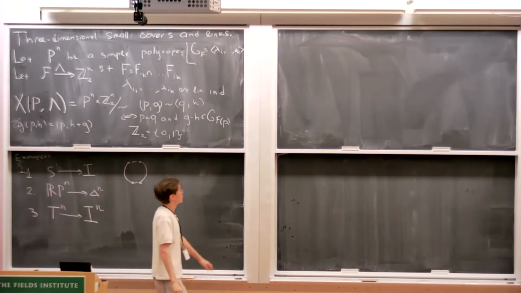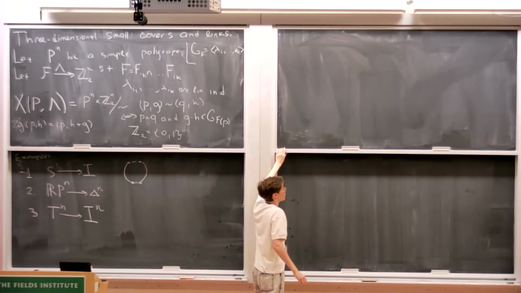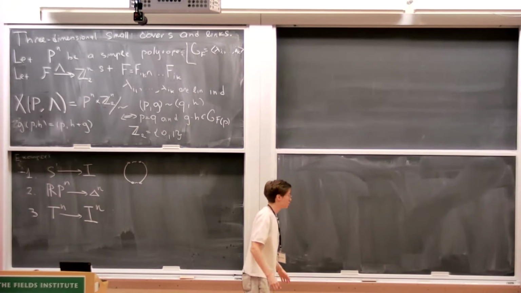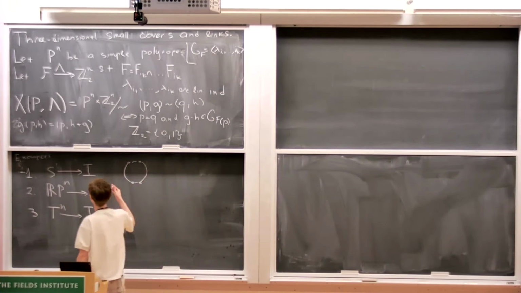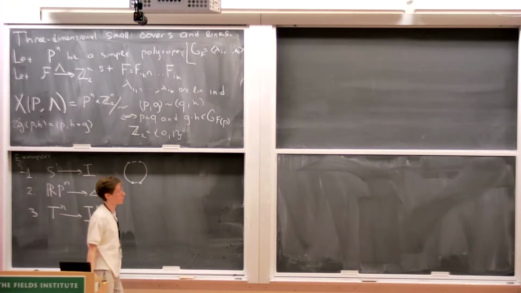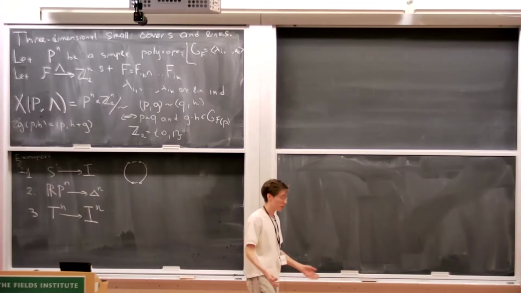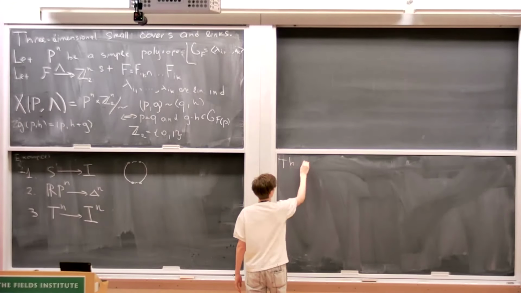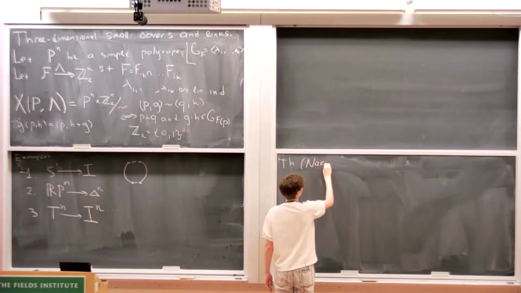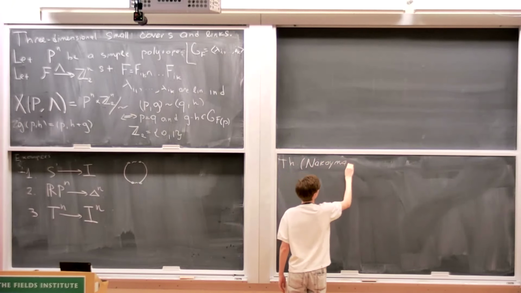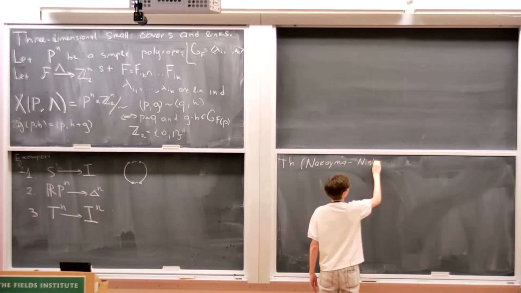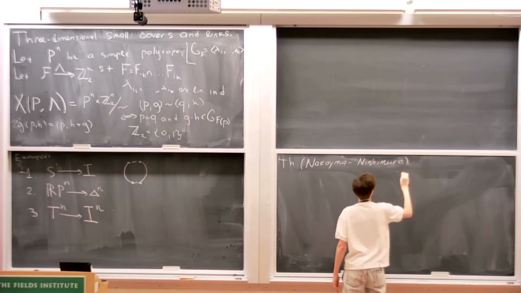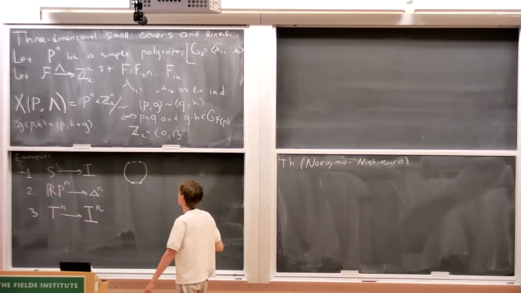Now let's restrict ourselves to the case when n equals 3, because I will speak about three-dimensional small covers, and I will speak about orientable small covers. We have the following theorem by Nakayama and Nishimura, which tells us when a small cover is orientable.